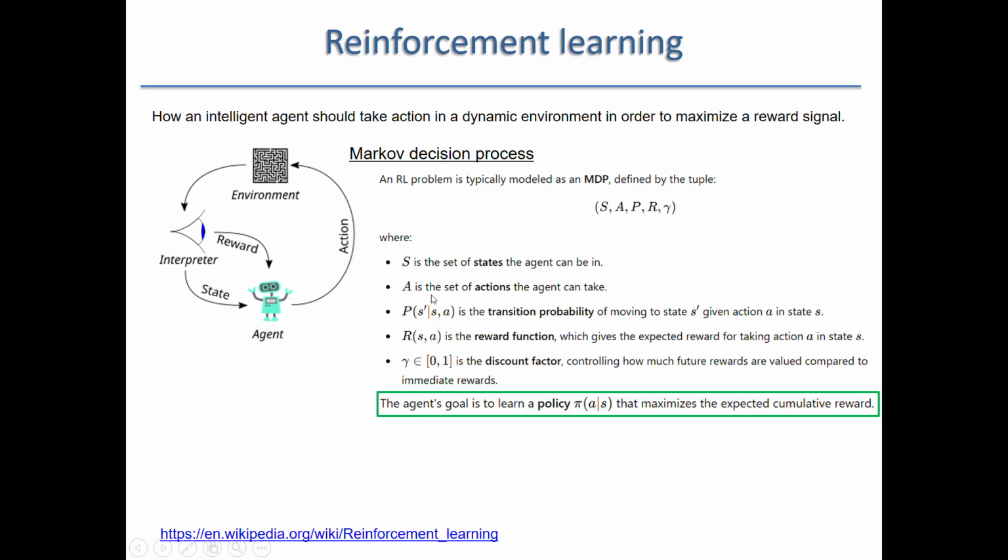So the problem is defined by these variables: states, actions, probability transitions, reward function, and discount factor. And the problem is to come up with a proper policy.